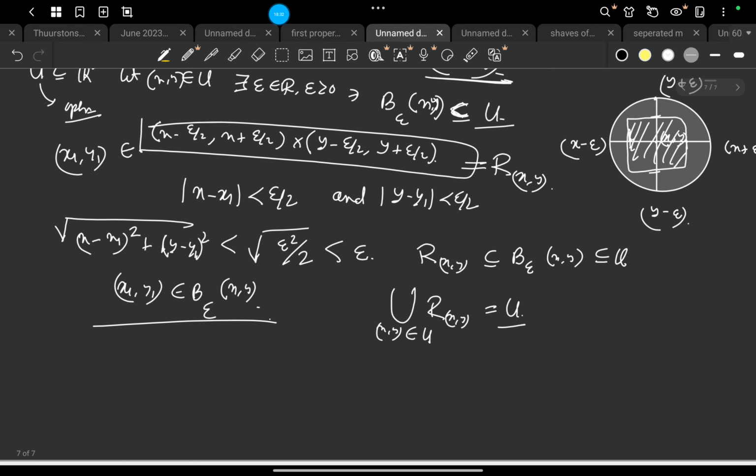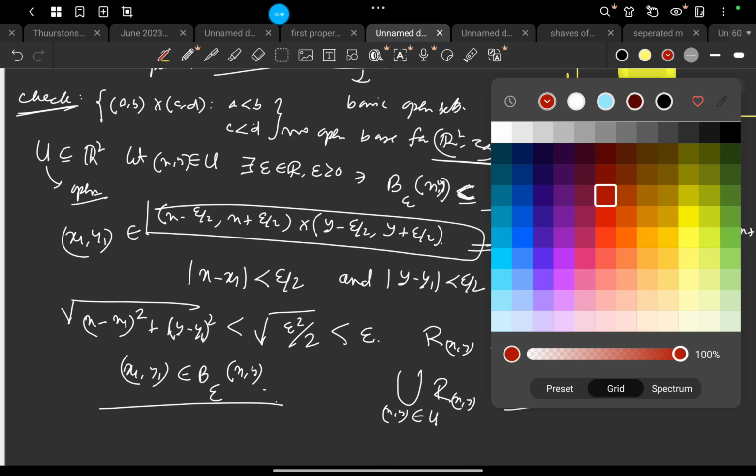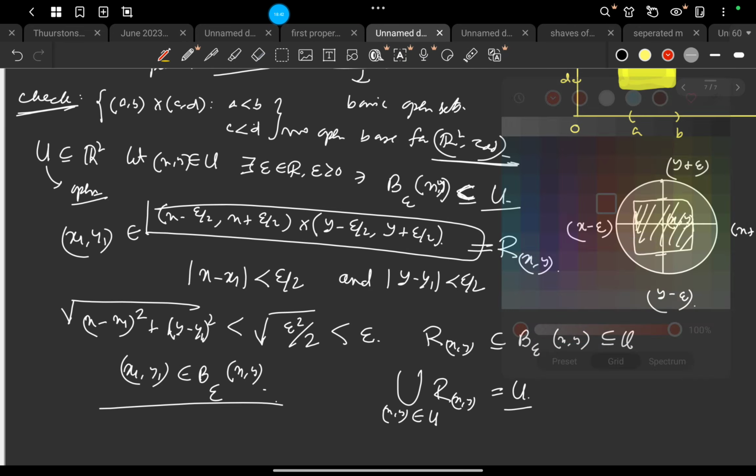All right. So that means this collection works as a basic open set, or open base, for this normal rectangular topology over R².